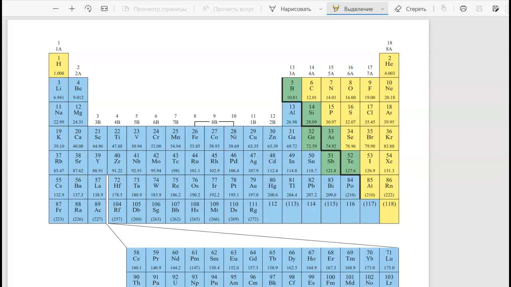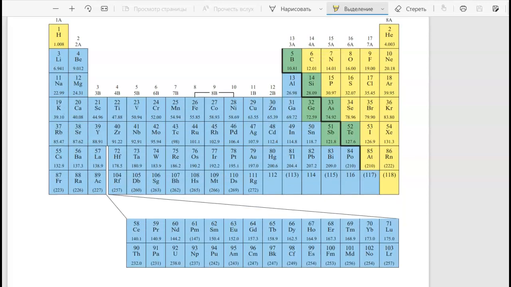And transition groups from 3 to 12 are d elements or the d block, and there are 10 of them. And at the bottom, 2 rows here, with 14 elements in each, are the f elements.